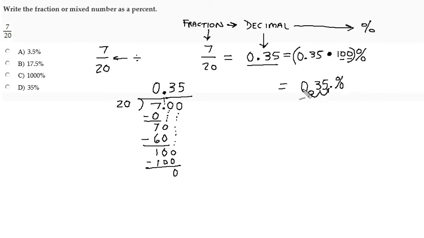If we remove this leading 0, and we don't need the decimal point anymore because it's a whole number, we've finished converting the fraction to percent format of a number. And we come over to our multiple choice answers and select the correct response.